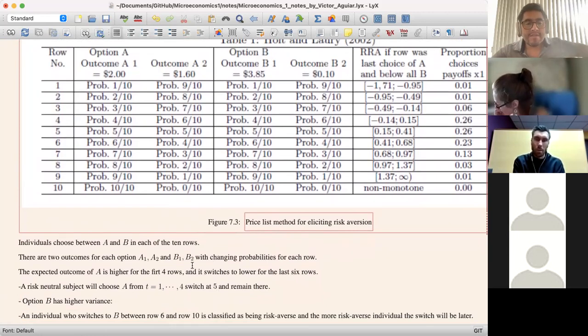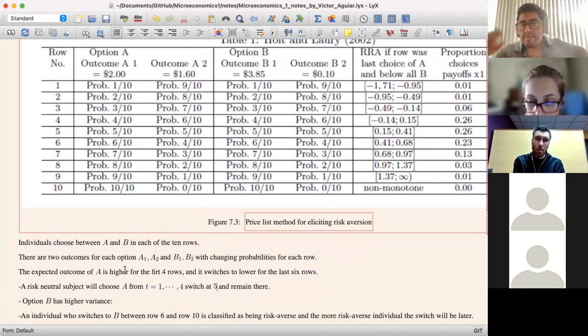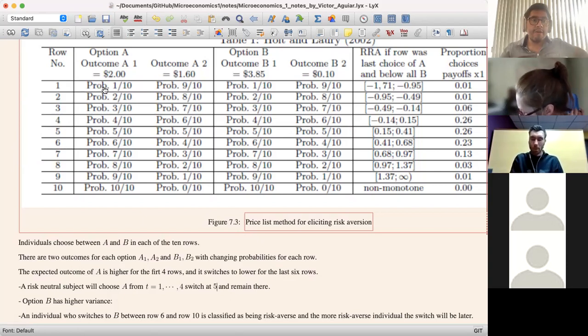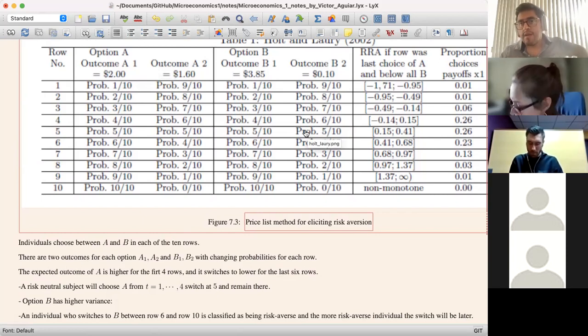Remember, risk neutrality means just expected outcome, just expected value. If you compute the expected value, which is the risk-neutral case, this is our reference point. This guy will choose A, which has higher expected outcome than B, for rows 1, 2, 3, and 4. Then at 5, it flips. Now the expected outcome of column B is higher, so at 5 the risk-neutral guy will switch, okay?